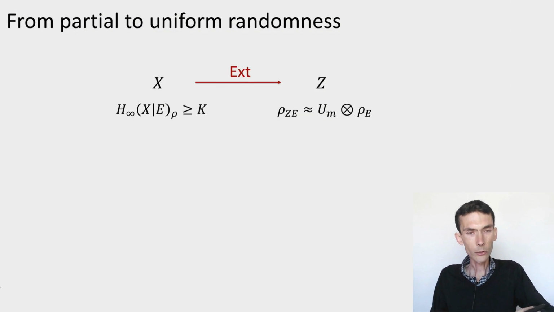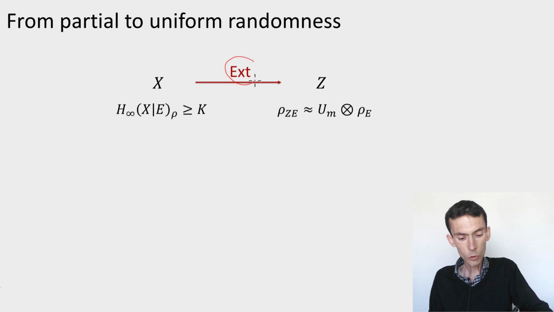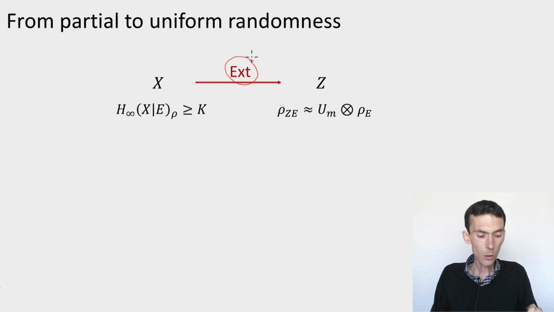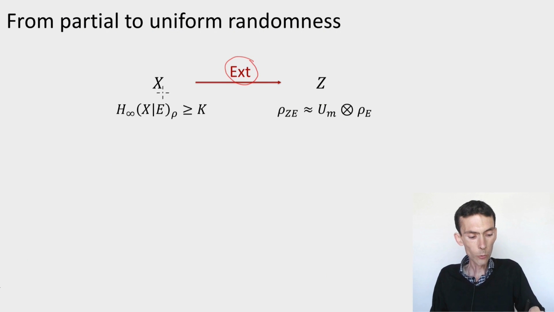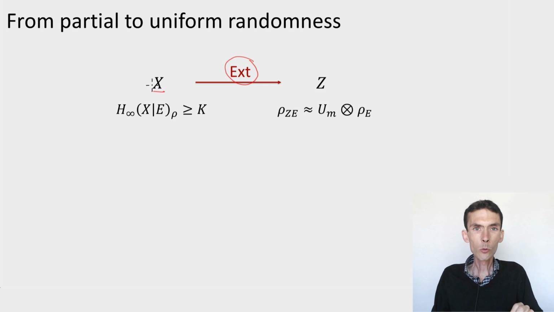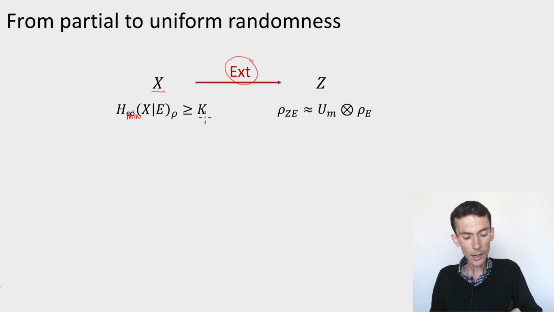So what's an extractor? It's a function that I'll usually denote by Ext, which takes as input a random variable X about which we only have one piece of information, which is that the min entropy of this random variable X, conditioned on some side information E, could be classical, could be quantum, is at least k.